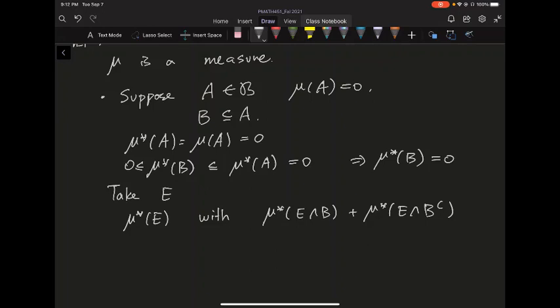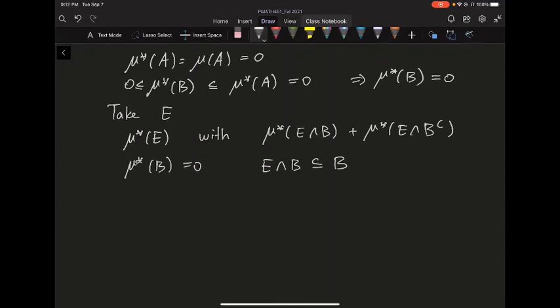Because the mu star of B is equal to 0, if you intersect with E, you get something even smaller. So E intersect B is clearly a subset of B, and B already has mu star 0. The monotonicity tells you E intersect B will have mu star also equal to 0.